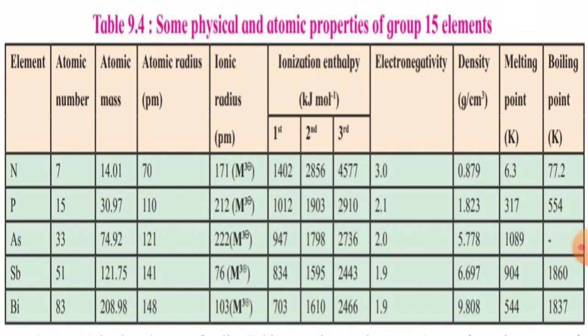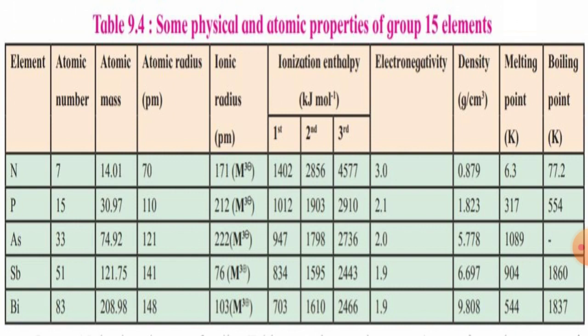For the nitrogen family, ionization enthalpy decreases down the group. Electronegativity is also inversely proportional to atomic radius. So in the nitrogen family, atomic radius increases down the group, and electronegativity decreases down the group. Then density is directly proportional to atomic radius and atomic mass. As atomic mass and atomic radius increase down the group, density also increases down the group.